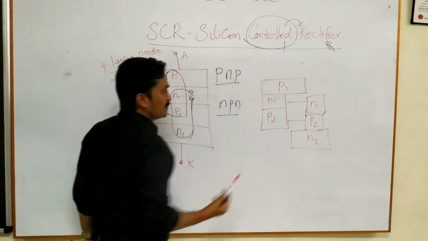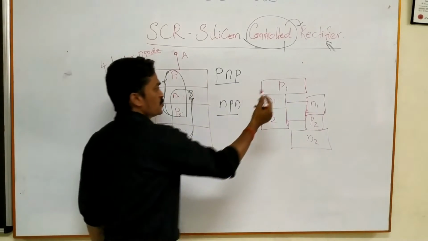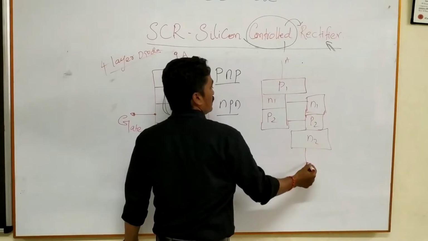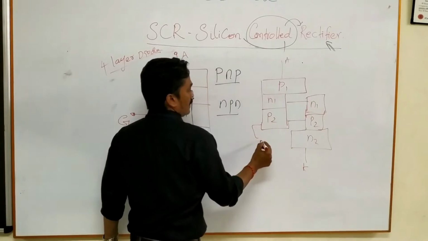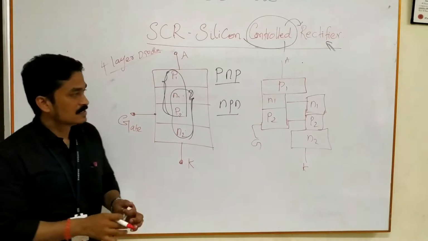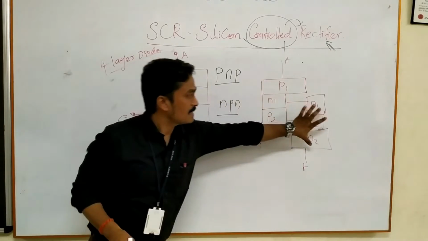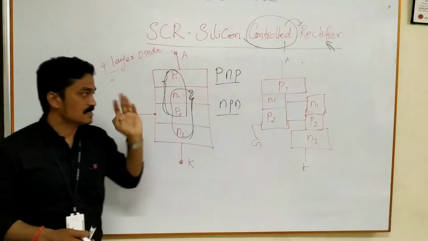As usual, a terminal is taken here and here, and here is the gate. So this structure is a PNP transistor, and this is an NPN transistor.